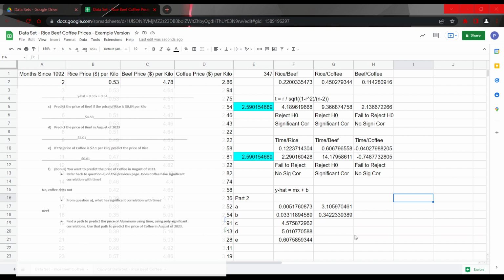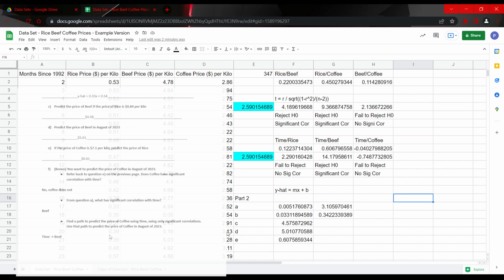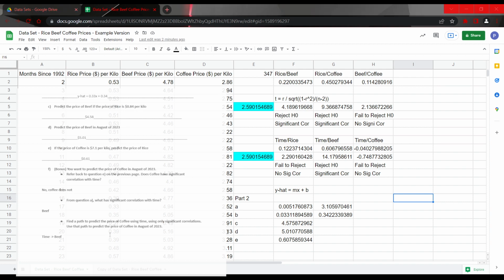And so the path to get from time to coffee using only significant correlations, we're going to need to do a little bit of a runaround, right? And this should be coffee, not aluminum. Essentially, we're going to have to go from time, predicting time, to beef, which we've already done in D. From beef, we can't go directly to coffee because there's no significant correlation there.